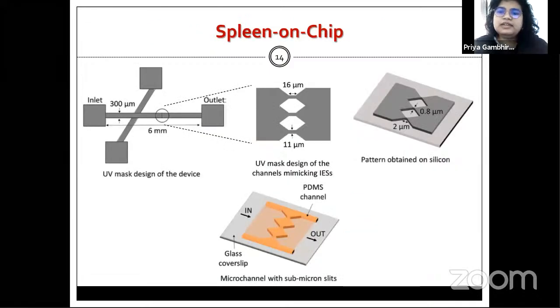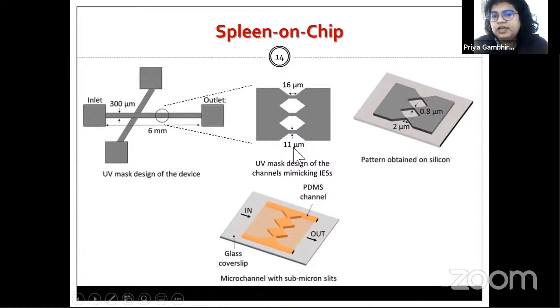So using that technique, I designed the initial master or the mask. The CAD actually had these dimensions for the submicron channels or the microchannels. We wanted them to be 0.8 micron and 2 micron, and I began with 16 and 11 micron. Once we made this master, I put it in KOH, and KOH dissolved it such that I obtained these in the end.